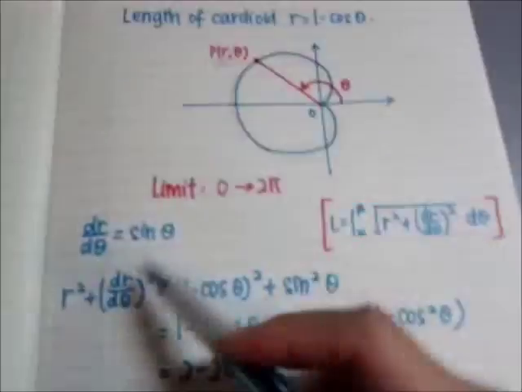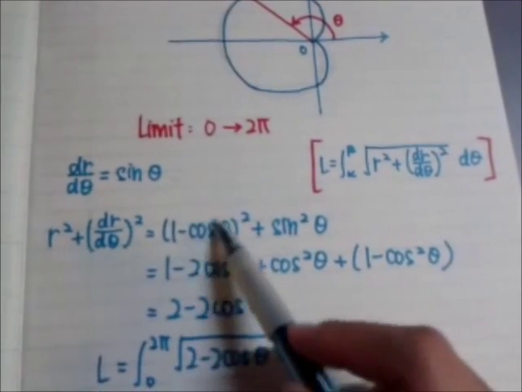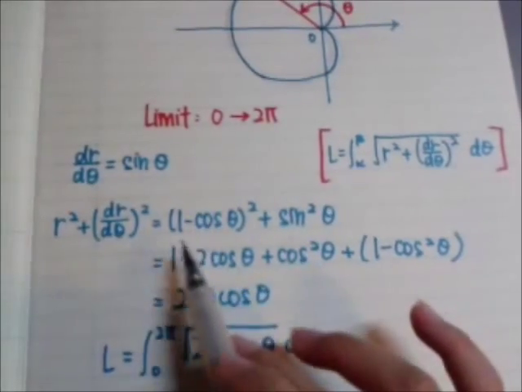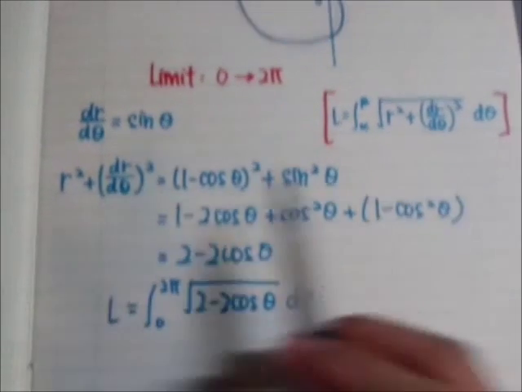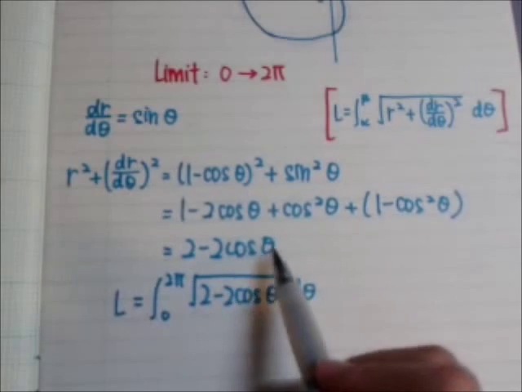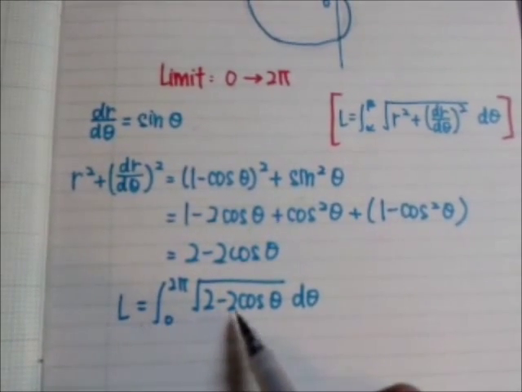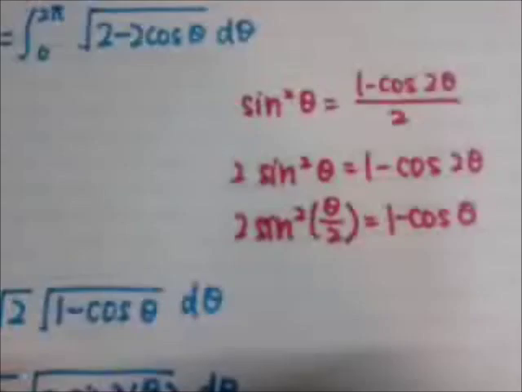We substitute these values into the equation, and we have (1 minus cos theta) squared plus sine squared theta. We expand this, and we substitute sine squared theta with 1 minus cos squared theta, and we have 2 minus 2 cos theta. So our length will be the integration of the square root of 2 minus 2 cos theta, where the limit is from 0 to 2 pi.